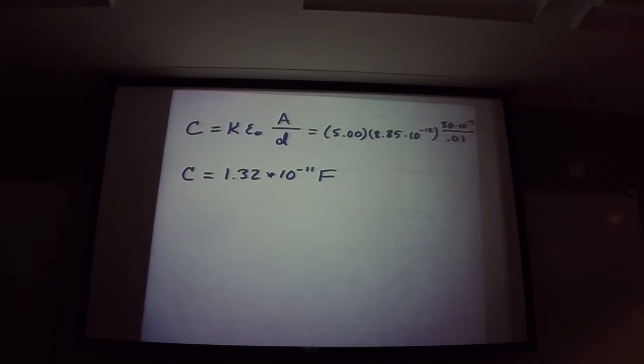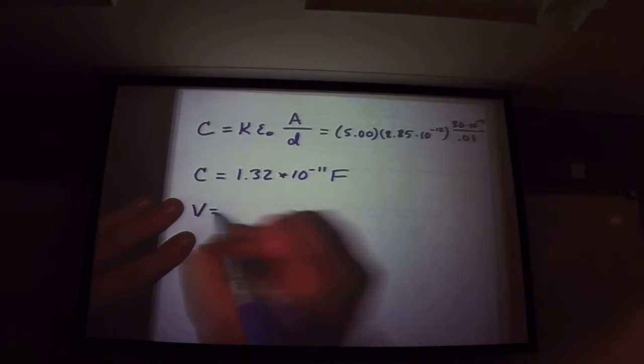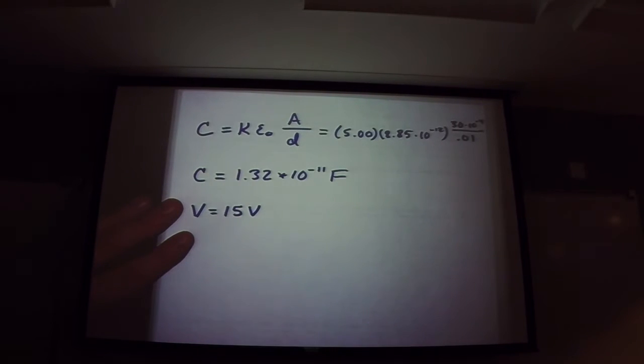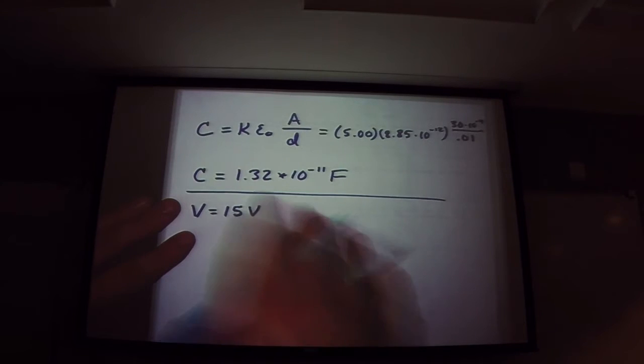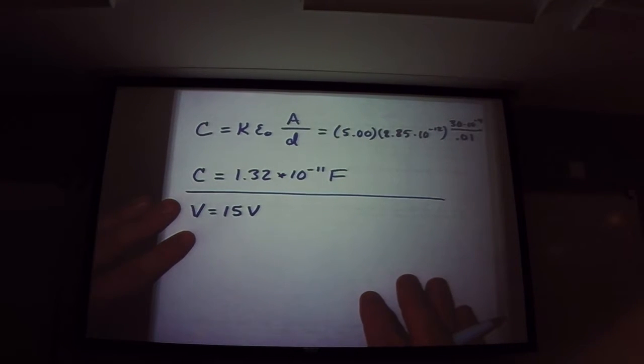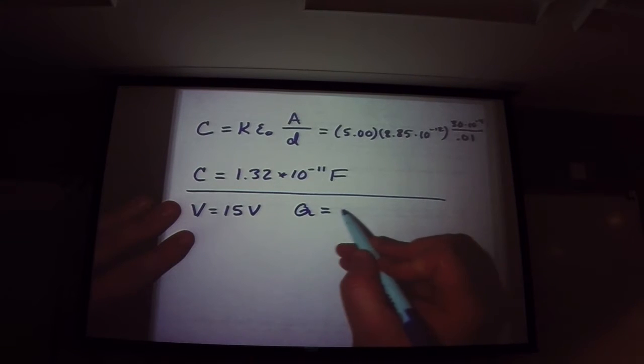All right. So then what we want to calculate, we said the voltage is 15 volts. So V equals 15 volts. The charge on this thing is the capacitance times voltage.